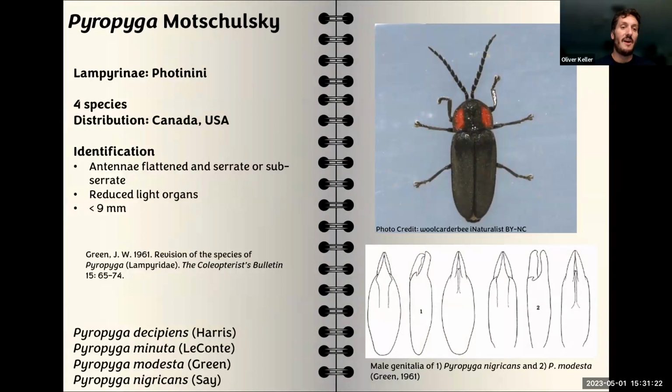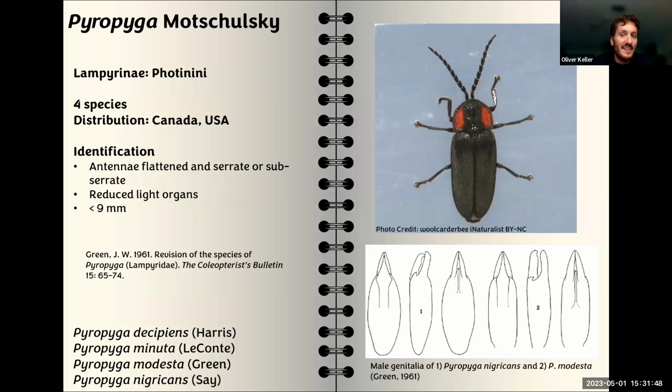So, a very interesting genus. Pyropyga is one we're getting towards the end. There's only 4 species in this genus. The antennae are flattened, and I would say they are subserrate, so only a little bit sawtooth compared to Lucidota, which they get mixed up with.